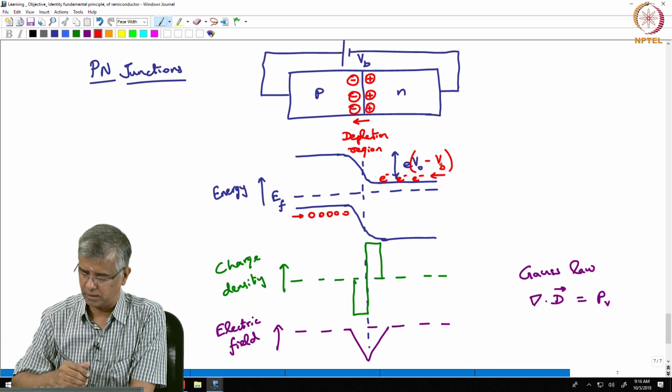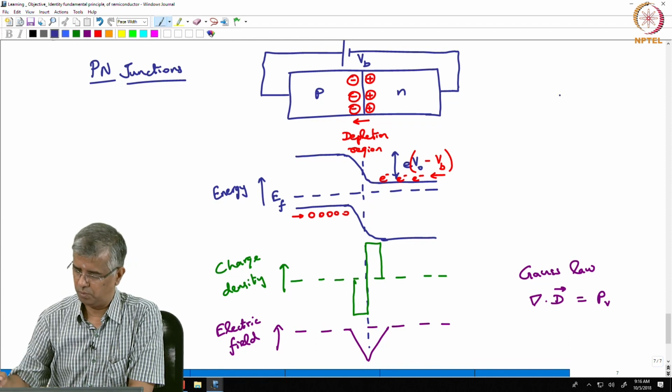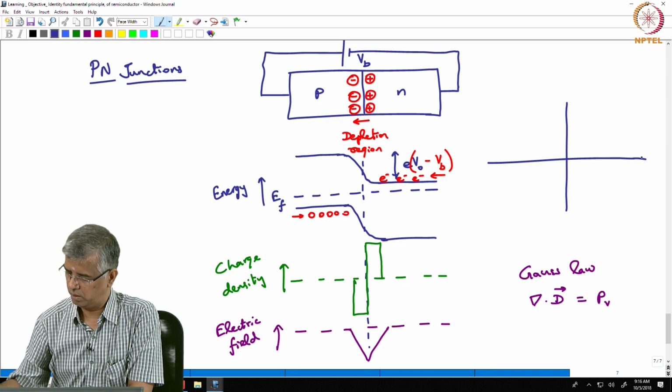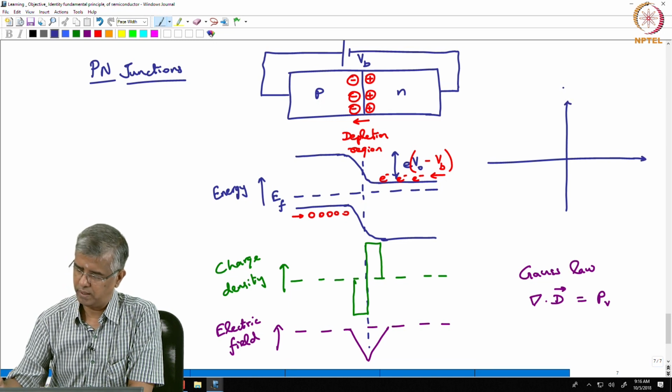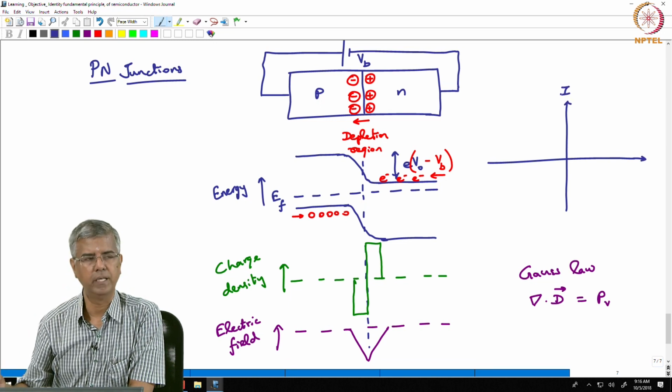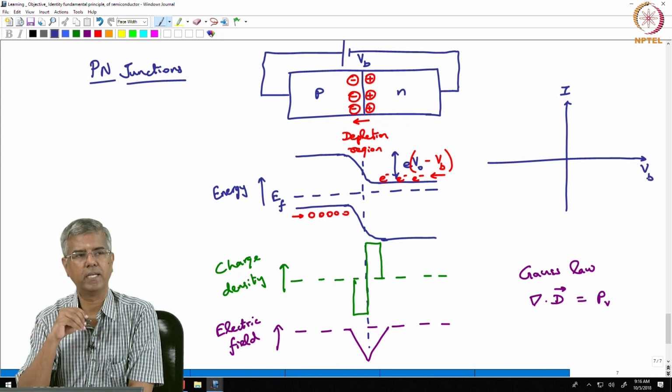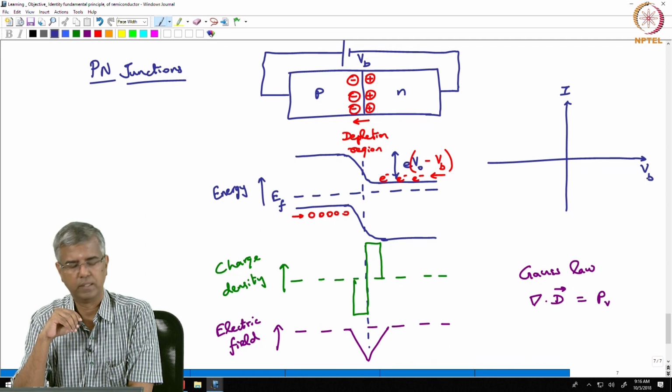So, that actually brings us to what do we expect, what is the current we get to see as a function of this bias voltage, right.